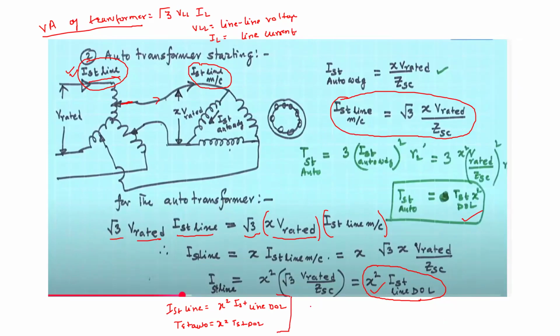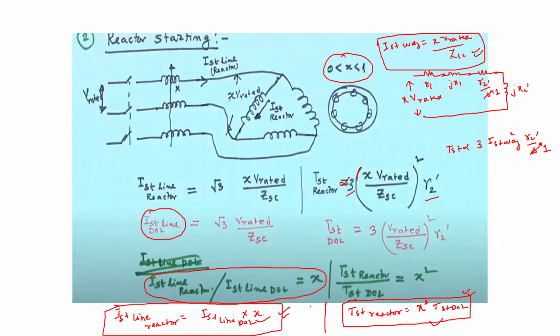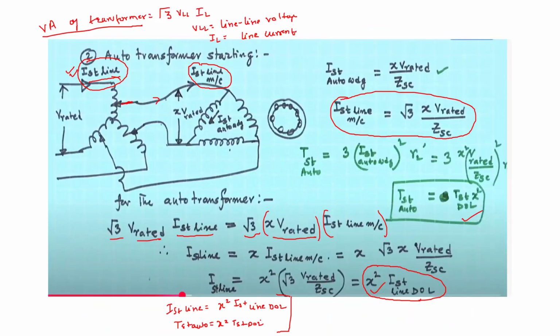Earlier, in this reactor method, it was only x times. So I'll write here for the reactor: I starting reactor is only x times of I starting line DOL, and torque starting reactor is x square times of torque starting DOL.